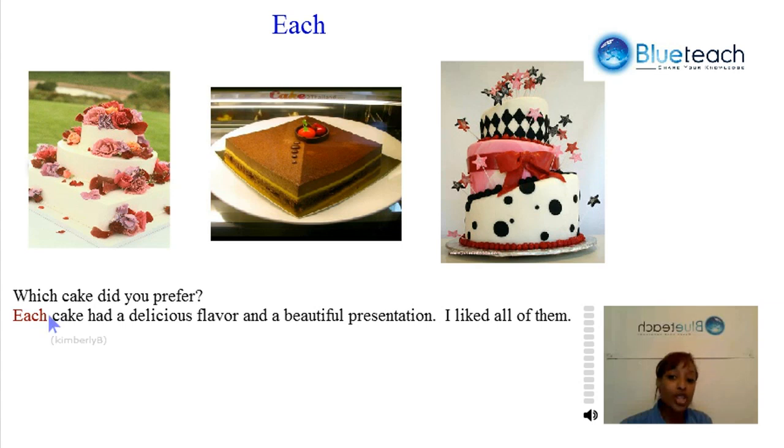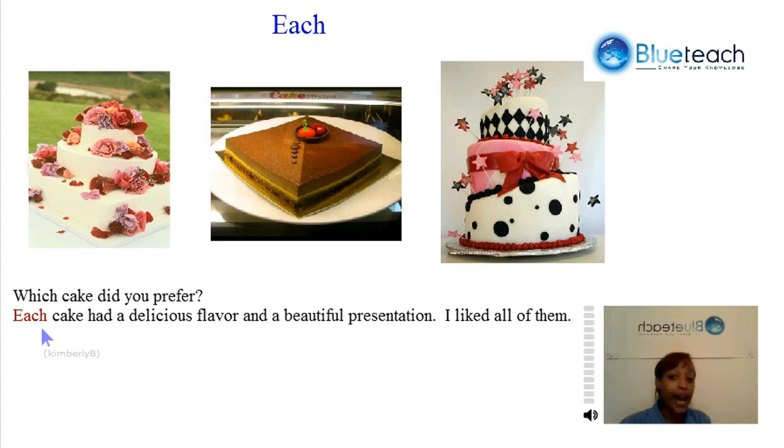So if we ask the question, which cake did you prefer? We're referring to the fact that we've tasted each of these different cakes. And we can answer that question by saying, each cake had a delicious flavor and a beautiful presentation. I like them all. That means that each individually and as a group, each individual cake was good.